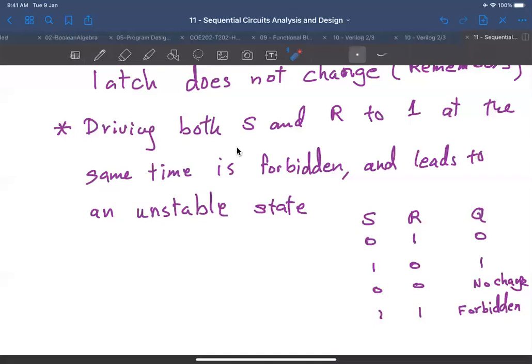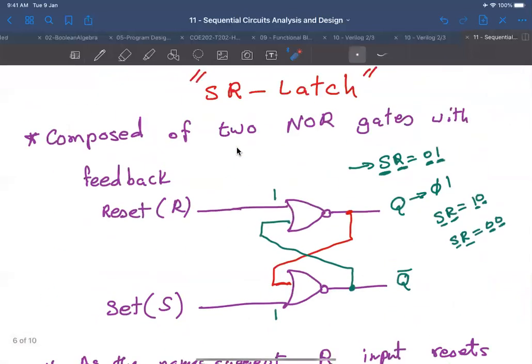But avoid this input combination by all means. So let's go back and see where this is coming from.